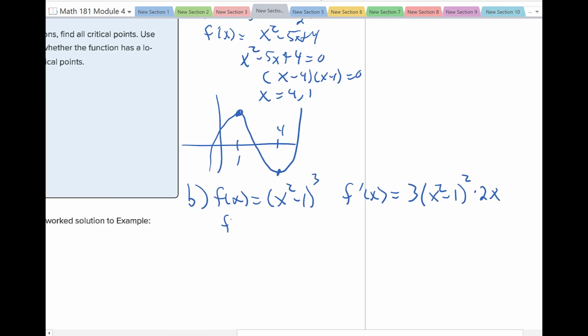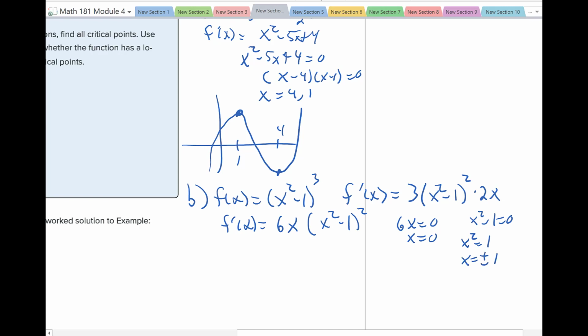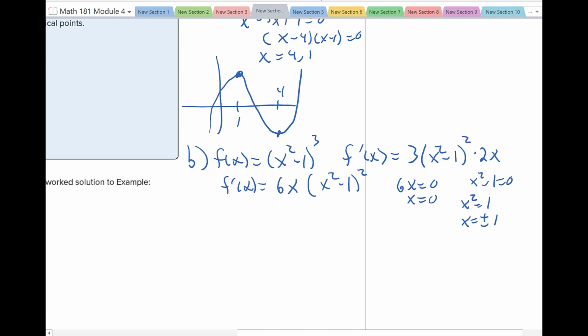So our f prime of x is going to be 6x times x squared minus 1 squared. So 6x equals 0 means x equals 0 is a critical value. And then we have x squared minus 1 equals 0. So x squared equals 1 and x equals plus or minus 1. So these are our critical values.